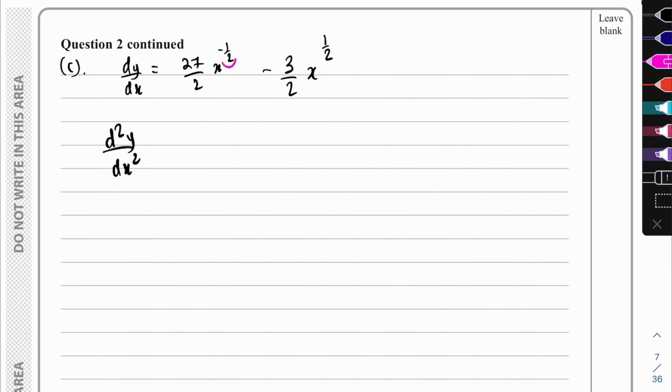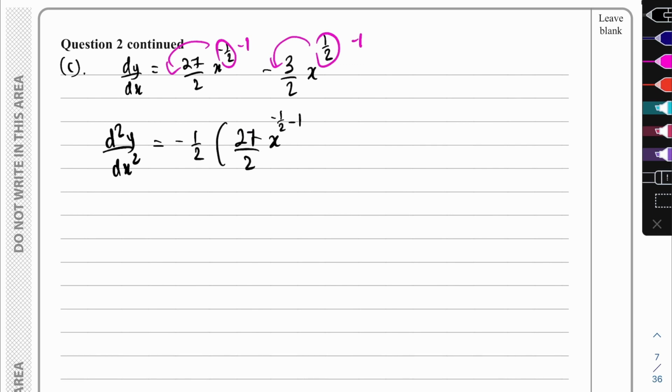Same thing, bring the power down, take away 1, bring the power down, take away 1. So this becomes minus a half, 27 over 2, x to the power of minus a half minus 1, minus, or let's say plus a half goes down, minus 3 over 2, x to the power of a half minus 1.